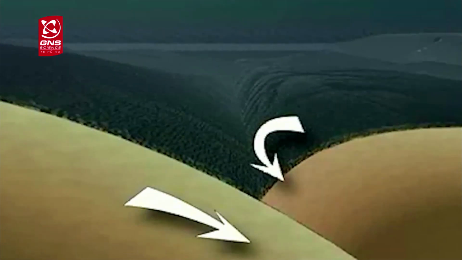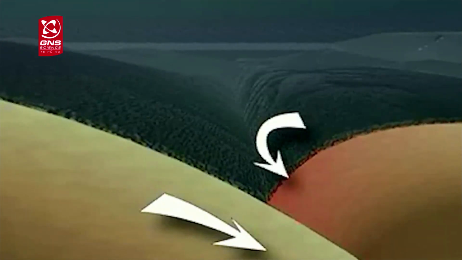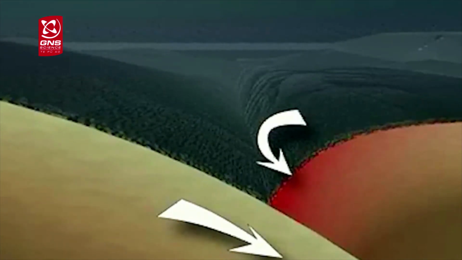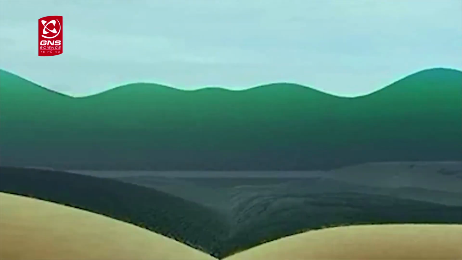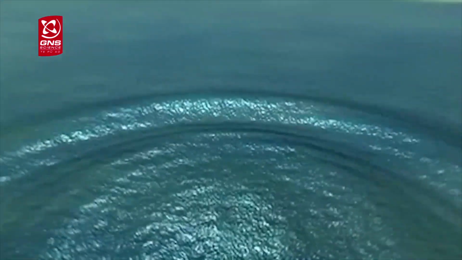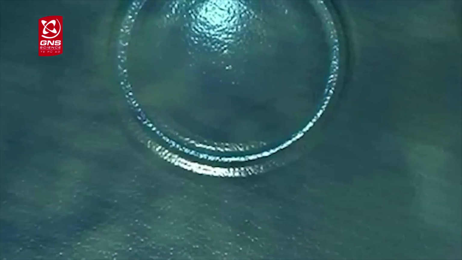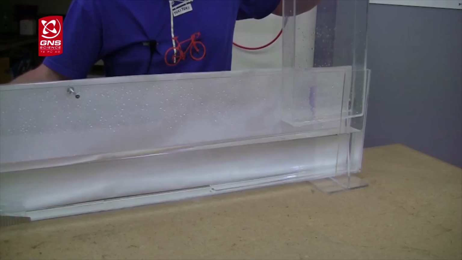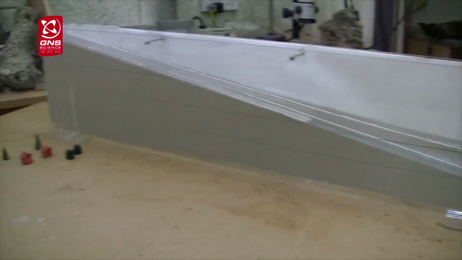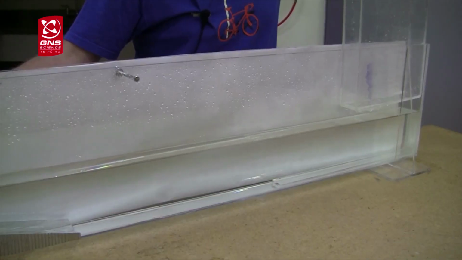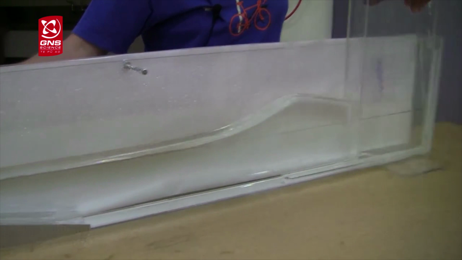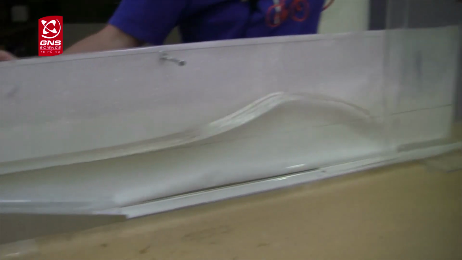Here we can see how geological forces build up to finally cause an earthquake. The water is then displaced and the tsunami radiates in all directions across the ocean. In our case, we'll just displace the water from above. A tsunami in the open ocean would have a wavelength which is thousands of times greater than this.